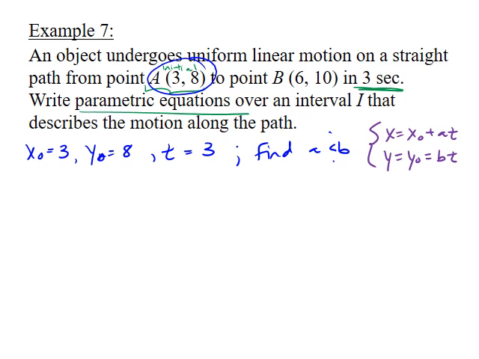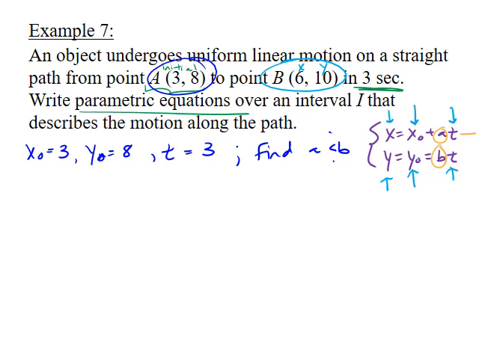Okay, so we know these two values. We know the time, and we're also given another ordered pair, so we know x and y also. So x is 6, y is 10. So from this, I have everything I need in order to find A and B.